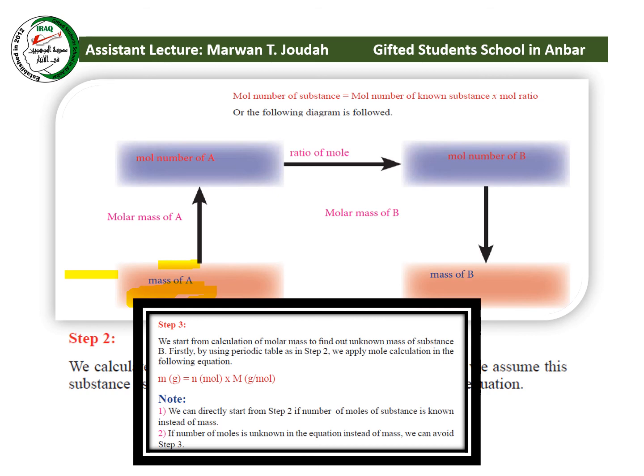So if I want to find out the mass, we multiply the number of moles by M, the molar mass of a substance. I'll show you everything in detail in the upcoming examples.